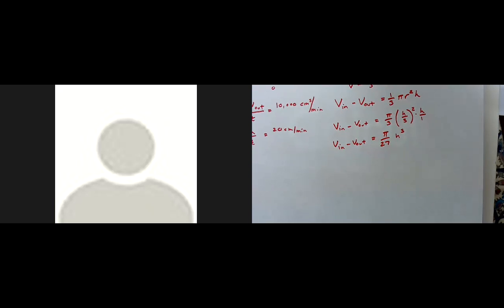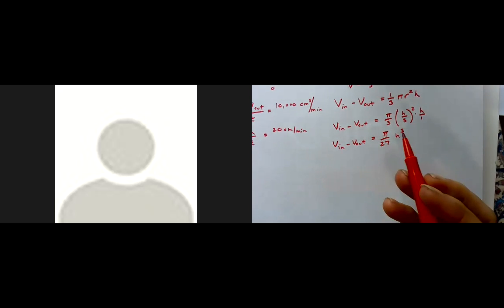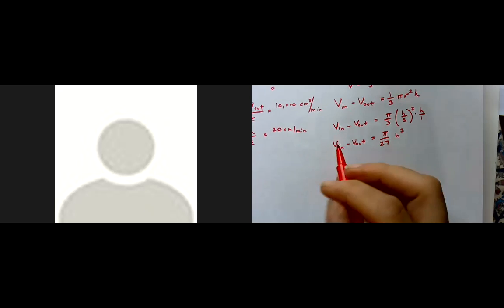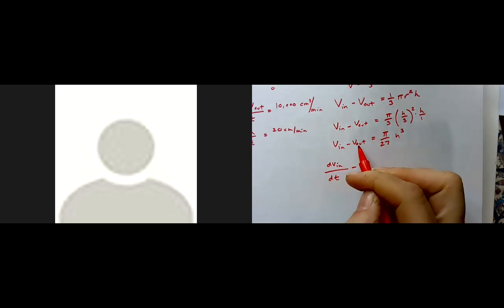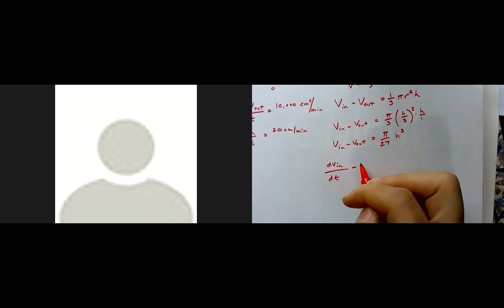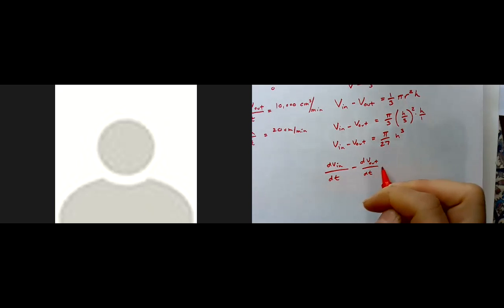Are you following? Okay, now after all of that laborious work, we are finally ready to take the derivative, thankfully. So the derivative of the volume going in would just be dV/dt, but with the in. The derivative of the volume going out will just be dV out over dt.